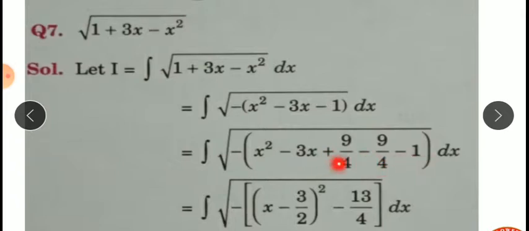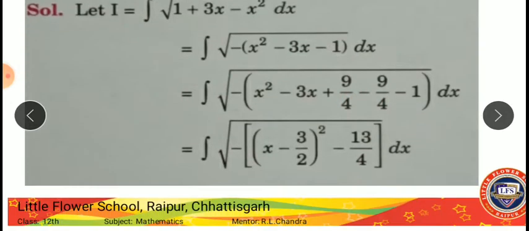Minus 9 upon 4 and plus 9 upon 4 we have written here to change it into the form of a whole square. That is, these three terms can be written as x minus 3 by 2 whole square. Solving, minus 9 upon 4 and minus 1 become minus 13 upon 4.